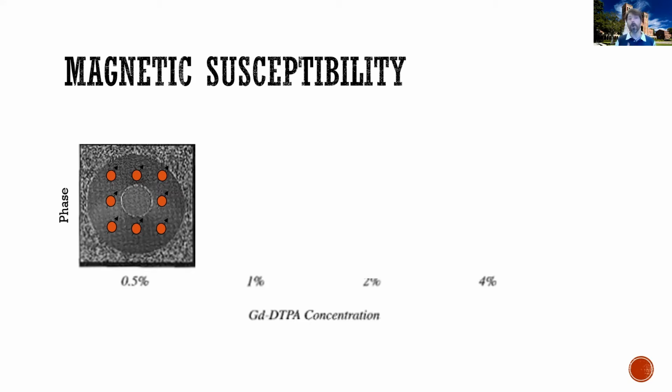Now, if protons are all resonating at the same Larmor frequency, the signal will probably be strong, because if they're all swinging at the same pace, it takes longer for them to lose phase or dephase. So after TE, let's say 20 milliseconds after the radio frequency pulse, if you look at how many of these are still swinging together, it probably is a good number, because they're all going at the same pace.